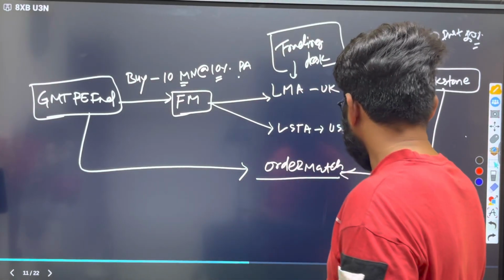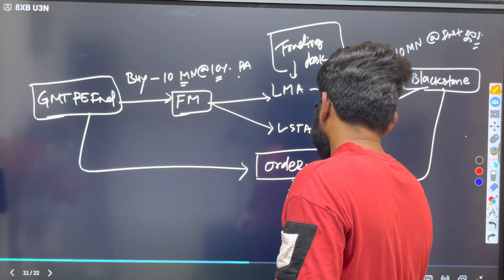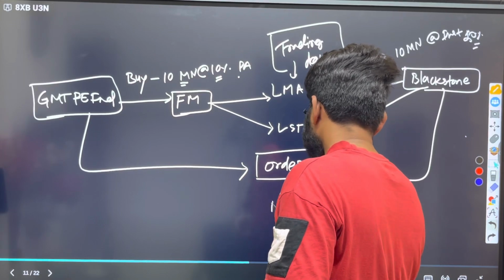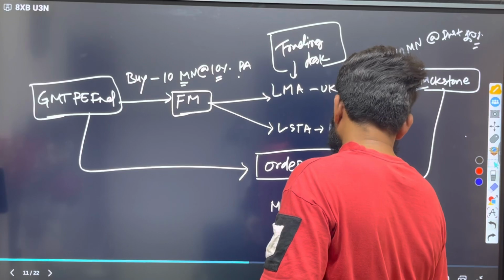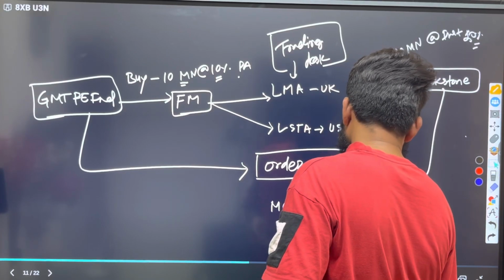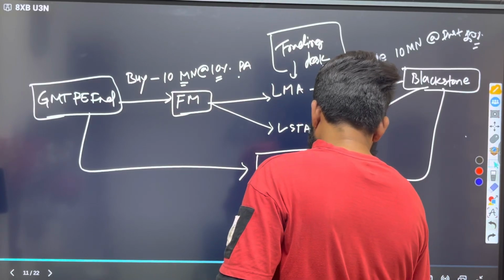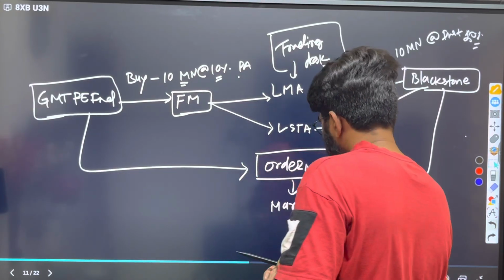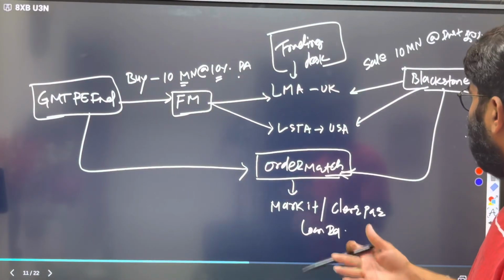If the order details match, then this information will be passed on to the market, or ClearPar, or maybe let's say the Loan IQ platform. These are the platforms or clearing agents who maintain the data for their clients.